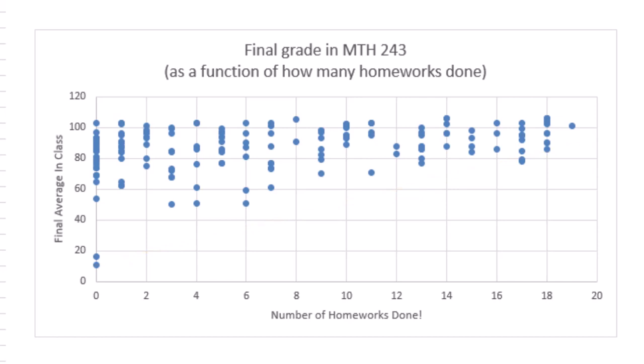It's kind of a weird thing to say out loud. But you see how people that do no homeworks, their lowest grades historically are sub 20. People that do 4 homeworks, their lowest grades look like around a 50. Same with people that do 6 homeworks. But when you get up to 9, 10, and 11 homeworks, their lowest grade is about a C, about a 70. And if you get above that, 12, 14, 16, their lowest grades, excuse me, are about an 80.